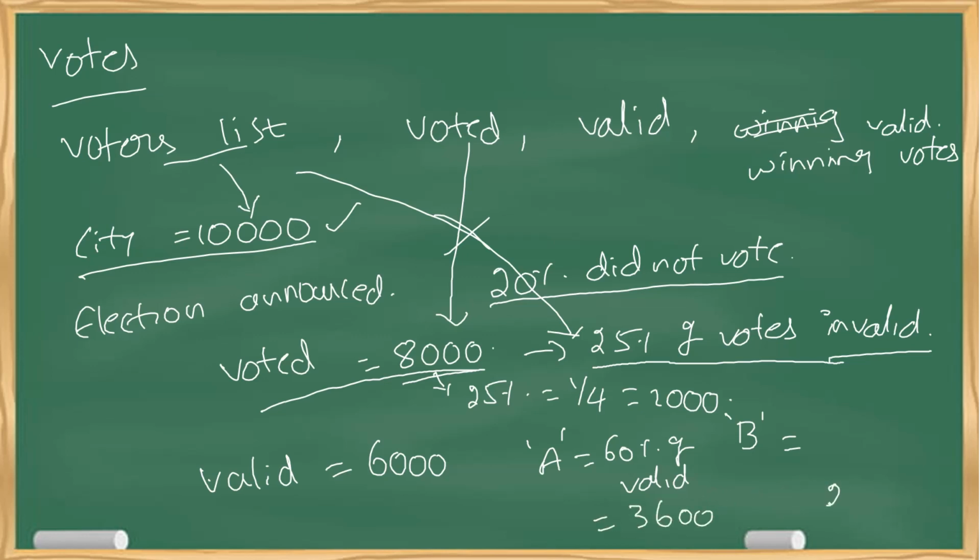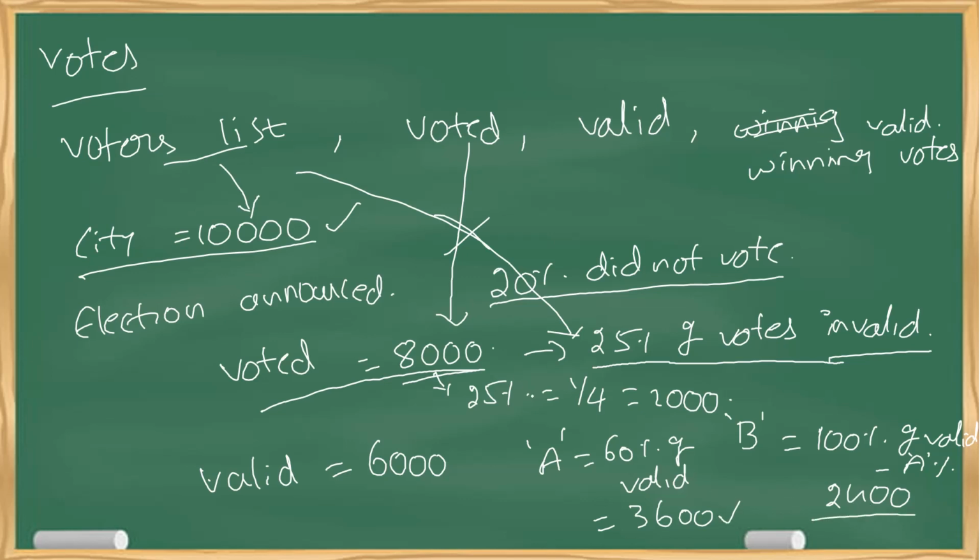And how much is he getting? 2,400 votes. Am I clear? So either you should take 100% of valid votes minus A's percentage, or else out of 6,000, if you subtract 3,600, you will get the B side.